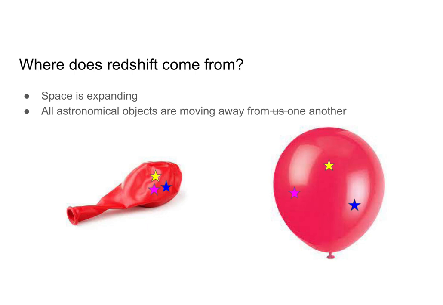I want to differentiate this from Doppler redshift. The Doppler effect is a change in perceived frequency because of the relative motion of two objects. The frequency of the light or sound itself is not changing. It is just our perception of the frequency and wavelength of the light or sound that is changing.